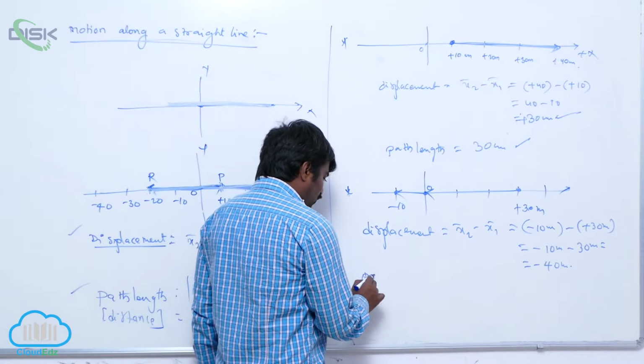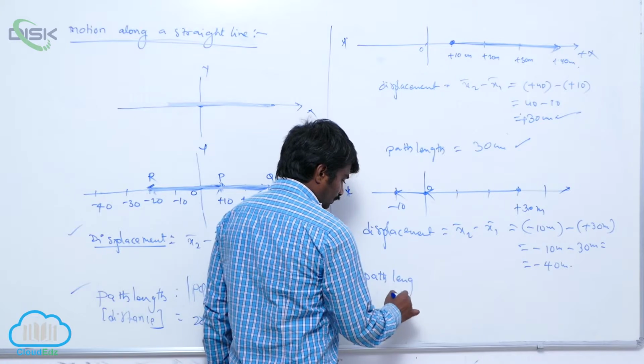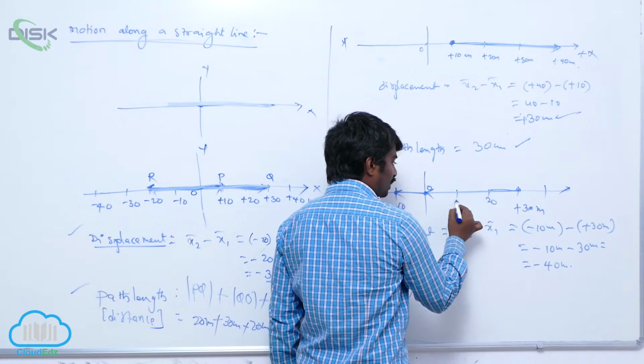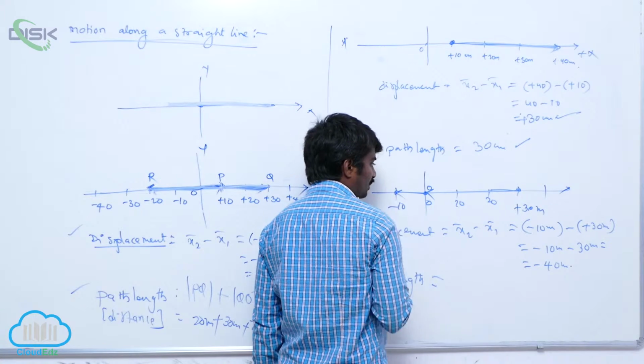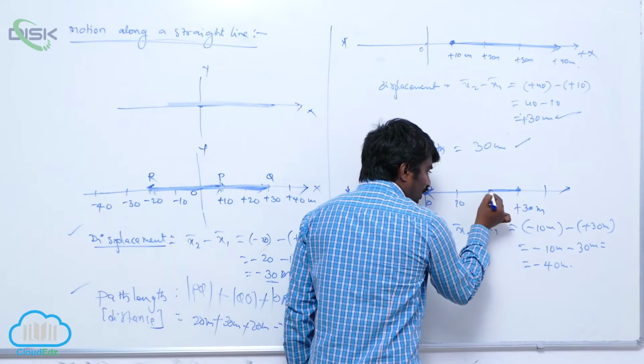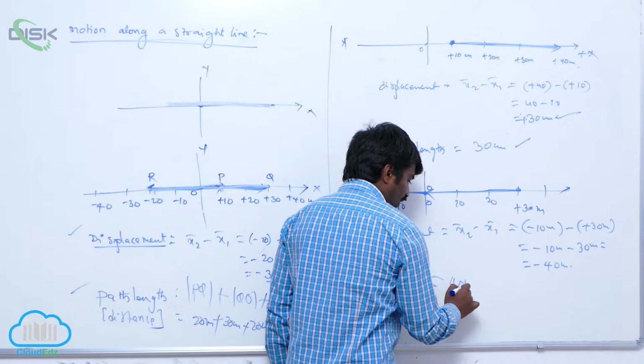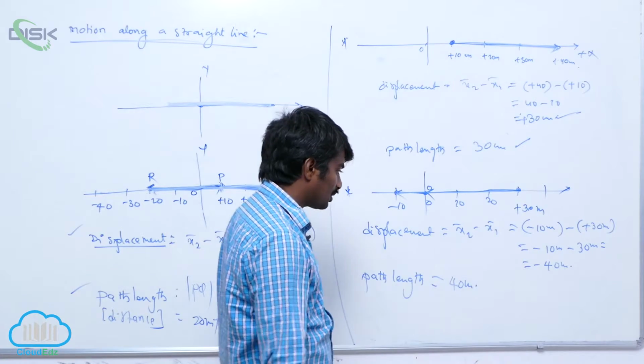Now what is the path length followed? Path length means from here to here, this is 20, this is 10, this is 0, this is minus 10. So path length means 10 meters, 10 meters, 10 meters, 10 meters. So total 40 meters. Length of the path followed by the object.